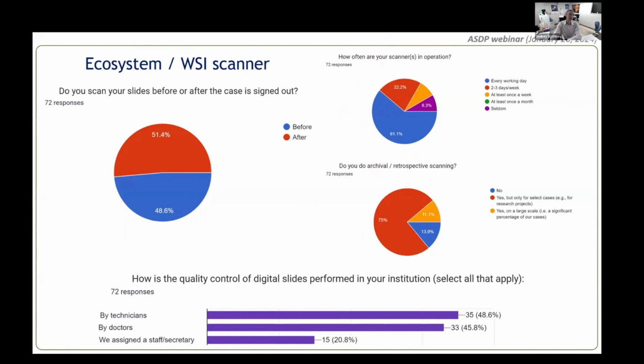It is mainly done only for select cases, such as for research purposes, and rarely on a large scale. How is the quality control of digital slides performed? Mainly by technicians before distributing the digital slides to pathologists, and also by doctors during digital sign-out. In more than 20% of labs, this was actually outsourced to secretaries, and you can take it as a lesson for your own laboratory.